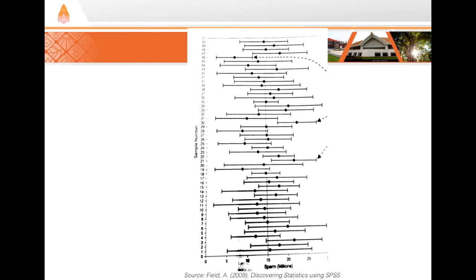Here's a visualization of those experiments. It turns out that most of the time, the true population mean, remember it's 15 million, falls within our sample's confidence intervals. However, in 3 out of the 50 samples, it did not.